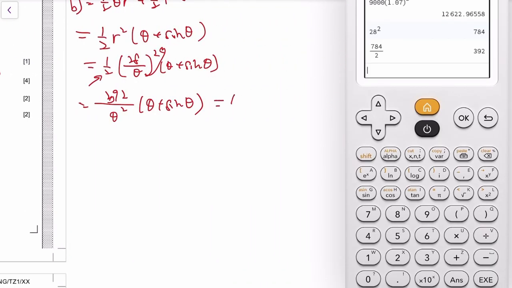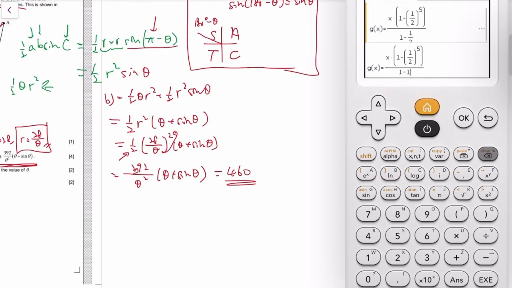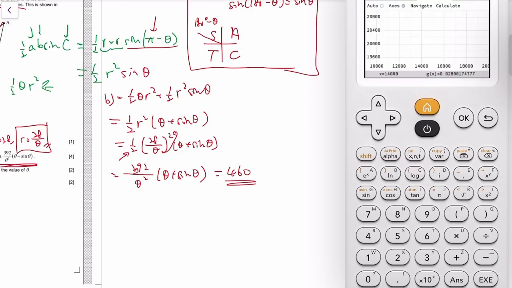Well, we just make this equal to 460, and then it's GDC time. So I should type 392 divided by x squared times x plus sine x. Okay, and we want that to be 460. And then we look for the intersection.